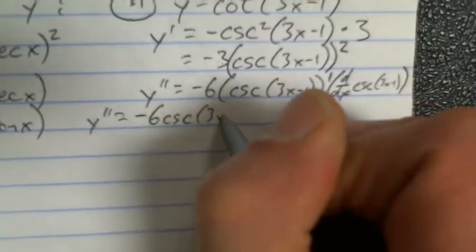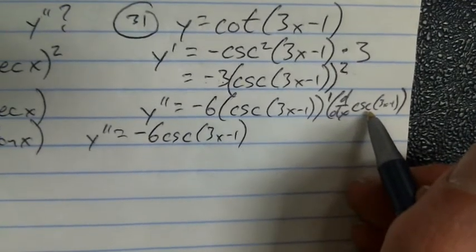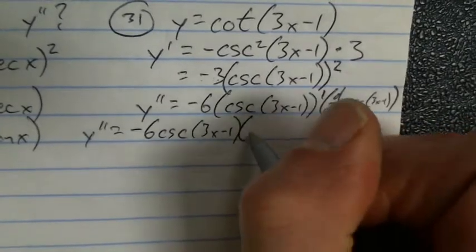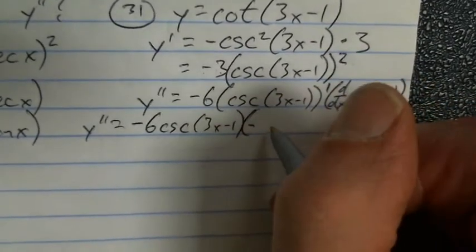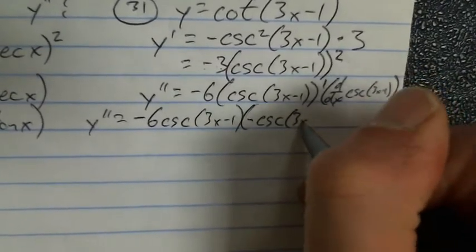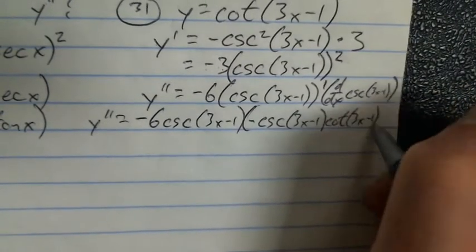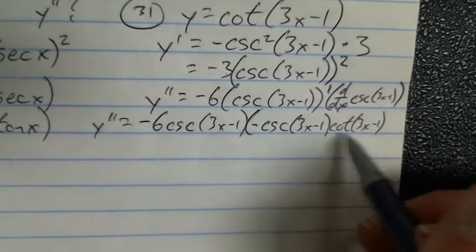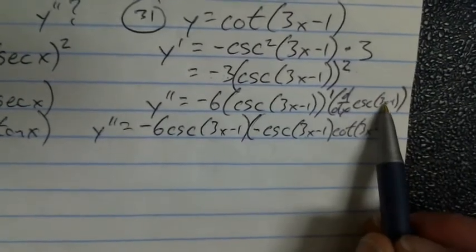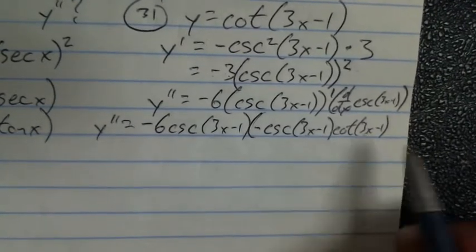Negative 6 cosecant 3x minus 1. And the derivative of cosecant is going to be negative cosecant cotangent. Remember to put the parentheses so we don't subtract. Cosecant of 3x minus 1, cotangent of 3x minus 1. And then of course, remember the derivative formula says the derivative of cosecant x is negative cosecant x cotangent x. So we just need to take the derivative one time.